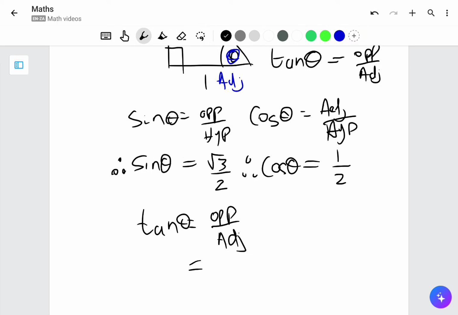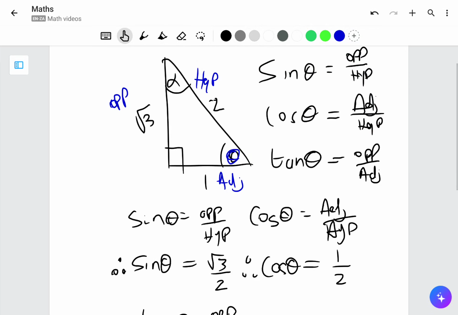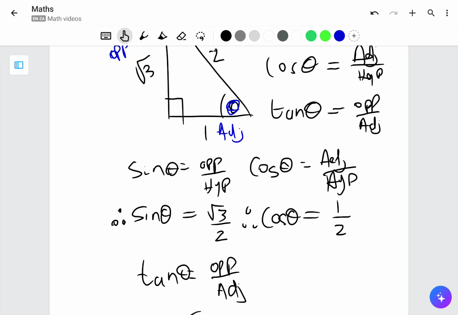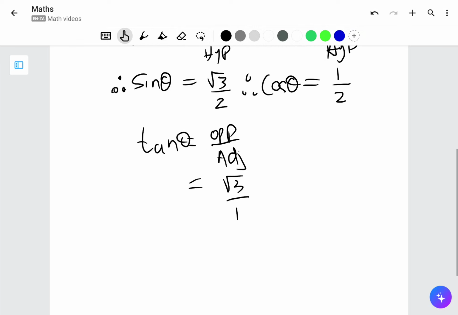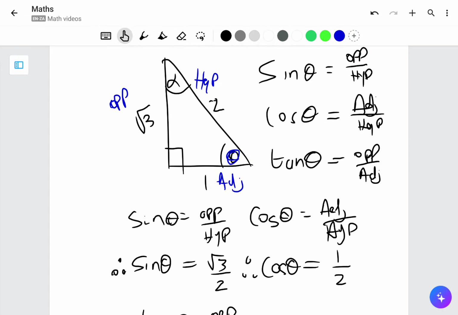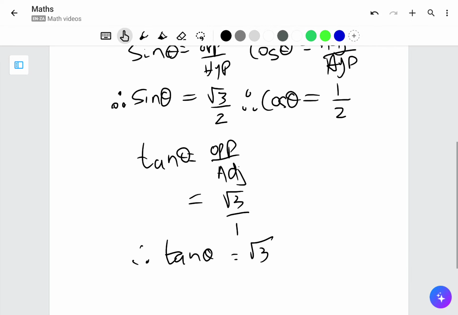Again, we know opposite theta is root 3, and our adjacent is 1, which we can simplify and say, therefore, tan theta equals root 3, because we know 1 goes into root 3 root 3 times. So in terms of this triangle, sine, cos, and tan would be root 3 over 2, a half, and root 3.